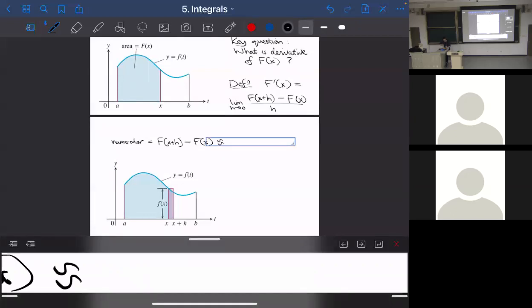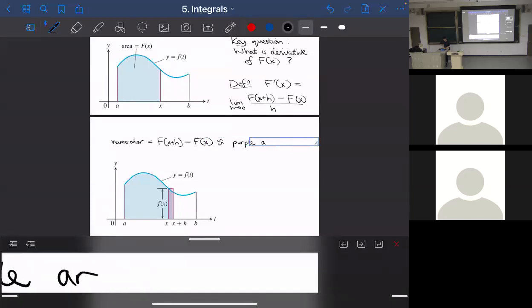Well, to be more precise, what I'm adding is a bit more area under the curve of the graph, but that purple box is approximately that area. So the difference is approximately the purple area below.